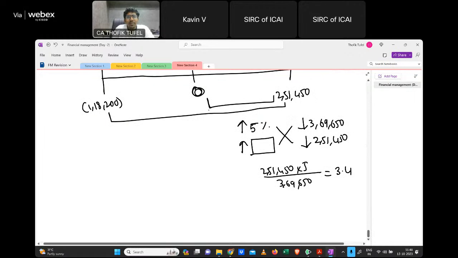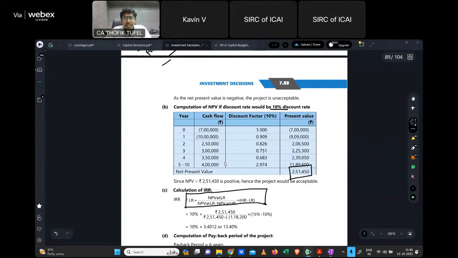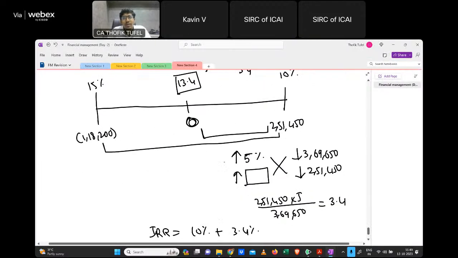So IRR is equal to 10 percent plus 3.4 percent, which becomes 13.4 percent. This formula is made by this concept only. Here, the 5 is nothing but higher rate minus lower rate.